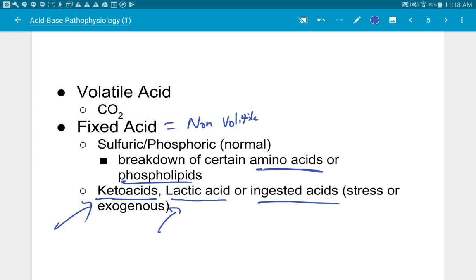So now we've got to explain why that's volatile. CO2 and the carbonic acid, you can literally breathe that acid away. Every time you breathe, you're of course bringing in oxygen, but you're also getting rid of CO2. You've probably seen skin divers who are going to go down and spend maybe 5 minutes under the water and try to hunt some fish with their spear guns.